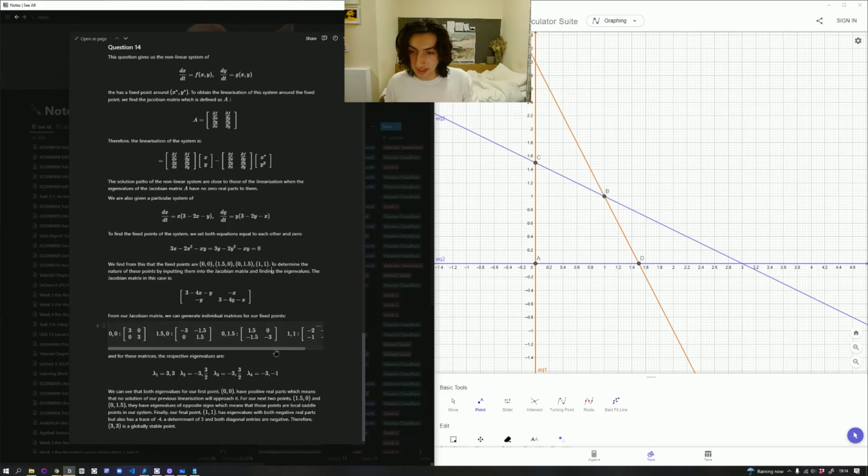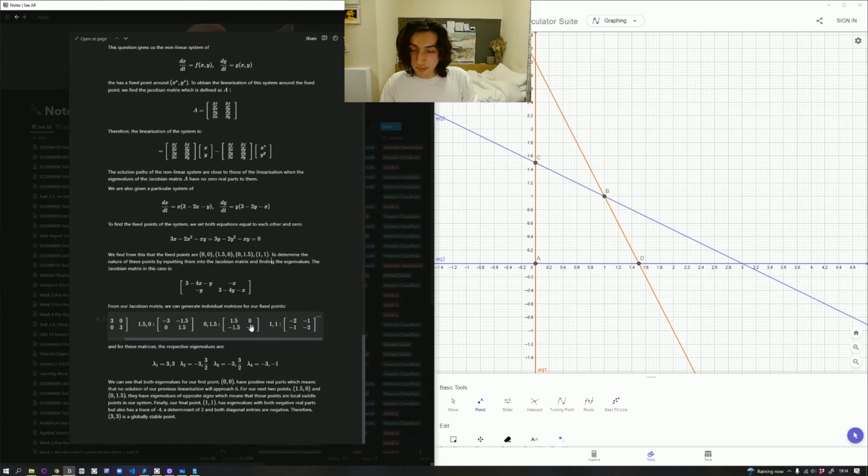You basically have to calculate the matrix for each one of the points that you've got. So putting in our points, you get 3, 0, 0, 3 for (0, 0). You get -3, -5, 0, 1.5 for (1.5, 0). You get 1.5, 0, -1.5, -3 for (0, 1.5). And for (1, 1), you get -2, -1, -1, -2.